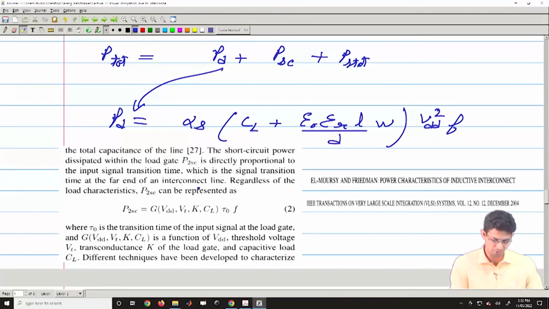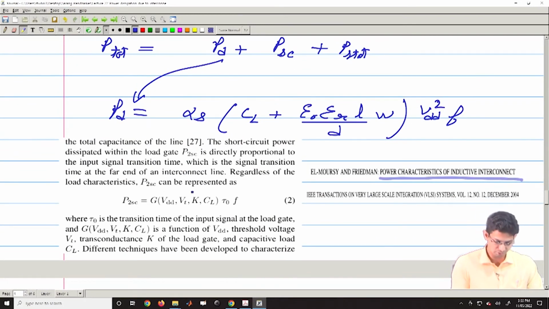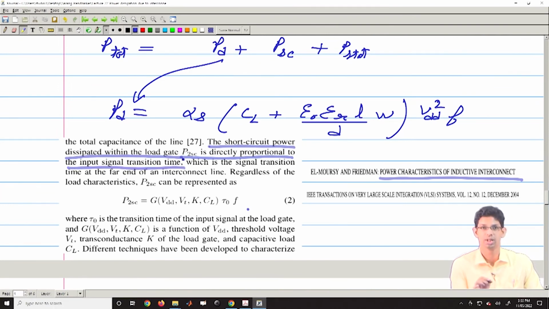But if I refer to the paper on power characteristics of inductive interconnects, there you will find this equation. This is the second equation of this paper, where it says that the short circuit power dissipation within the load gate is directly proportional to the input signal transition time. This is the signal transition time at the far end of the interconnect line.